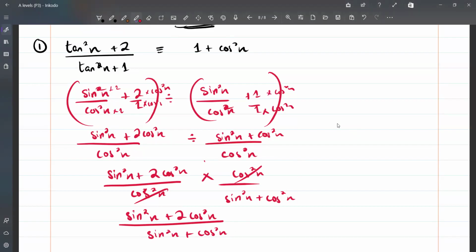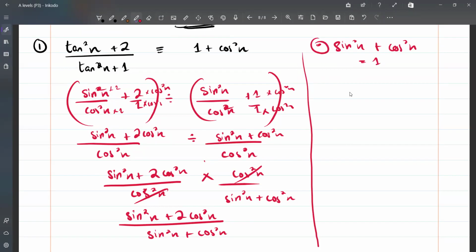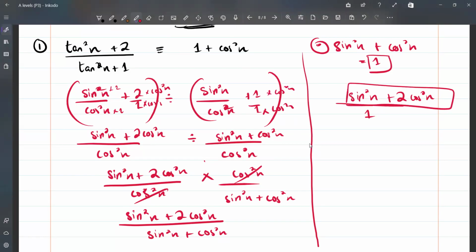Okay, so we're going to solve it further. Now we know that sine square x plus cos square x equals 1. All right, so we can just write 1 in the denominator, and in the numerator sine square x plus 2 cos square x. Now we have to show that this equals 1 plus cos square x.